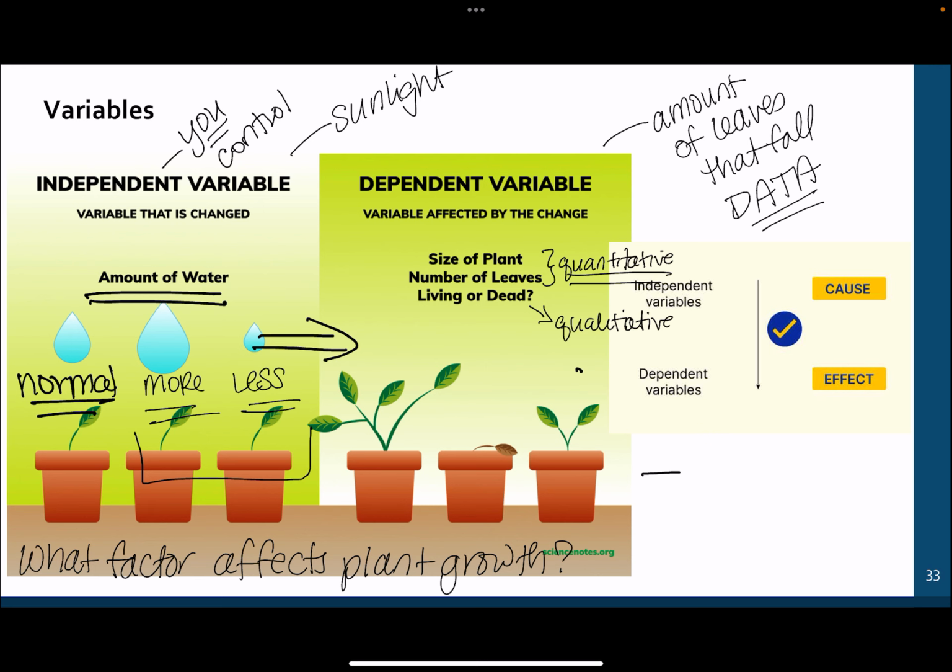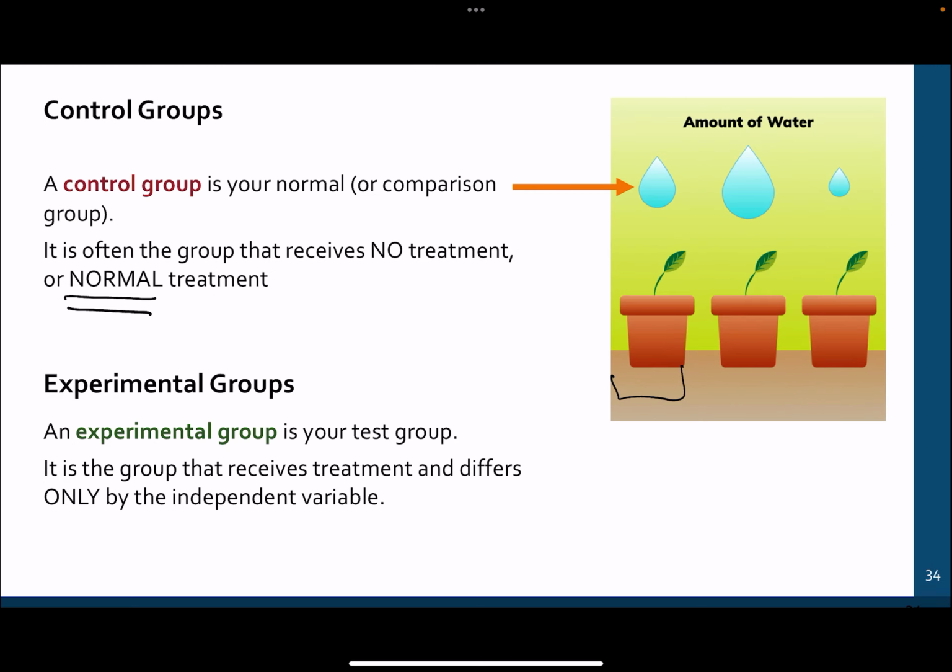Sometimes there isn't a no treatment group, and that's just going to be whatever the normal condition is. So if you're looking at the effect of the amount of water, you have to water your plants. You have to set what that normal would be. That would be your control group.